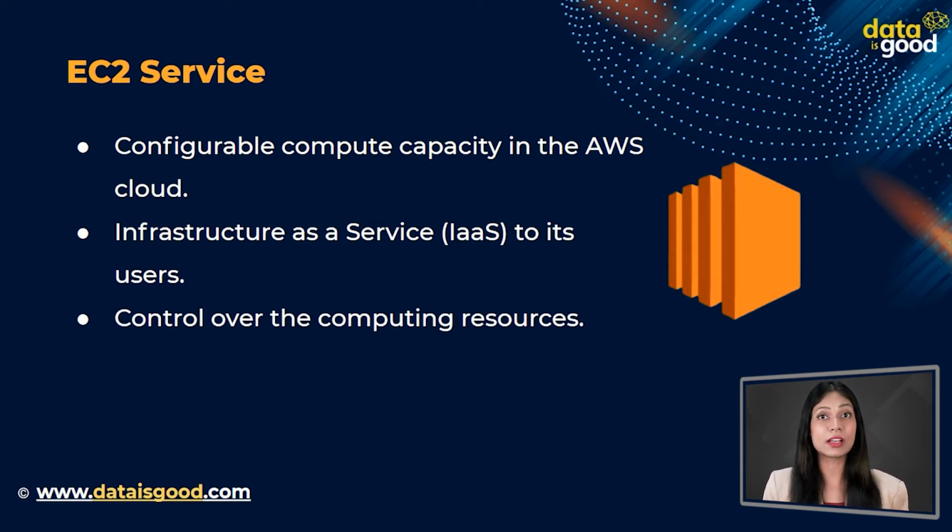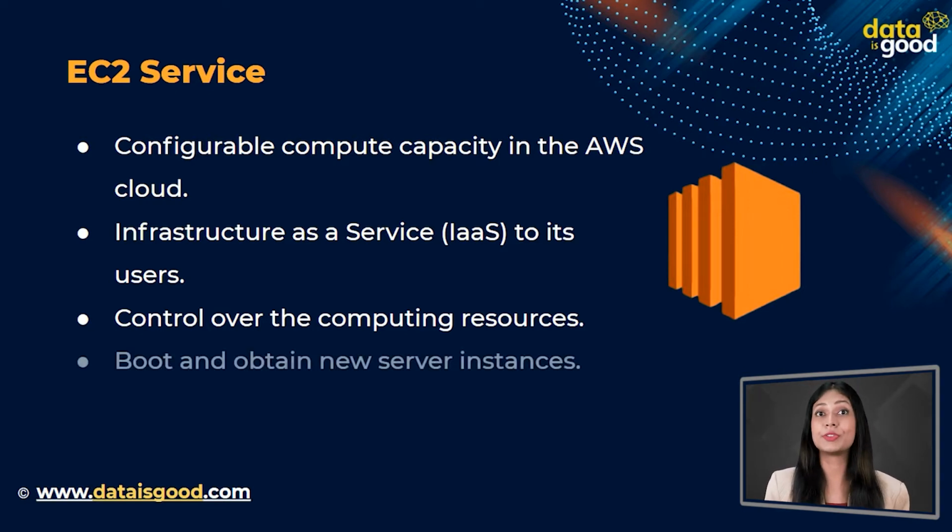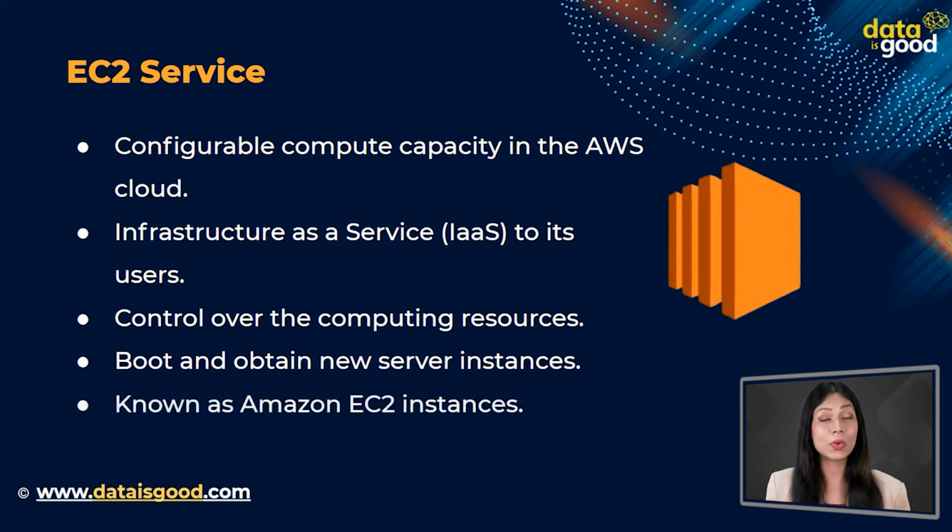The EC2 service shortens the time required to boot and obtain new server instances, also known as Amazon EC2 instances. It enables capacity scaling based on computing needs, which means that whenever more storage is required, EC2 will automatically scale up as per the demand.